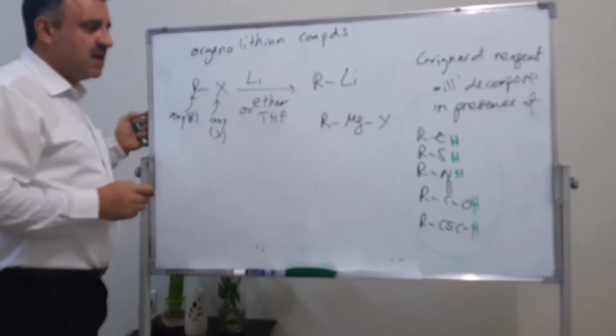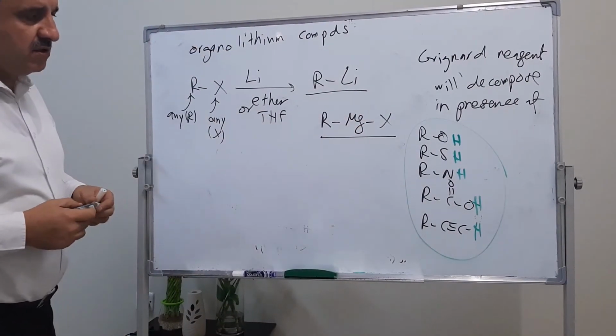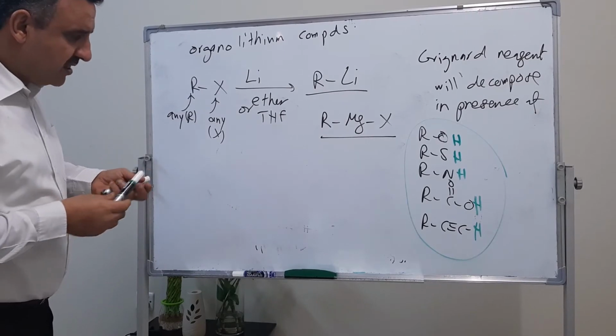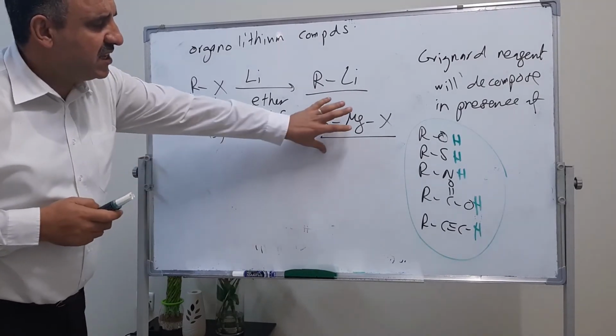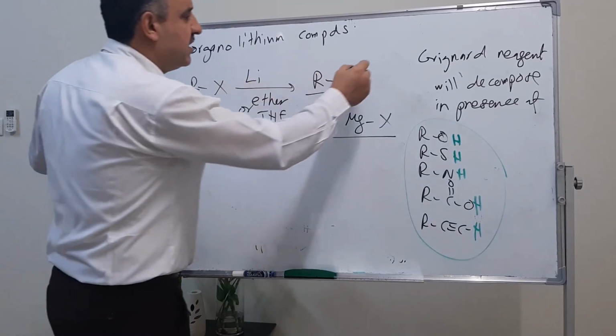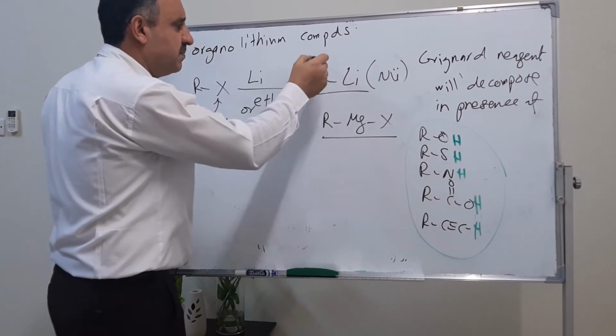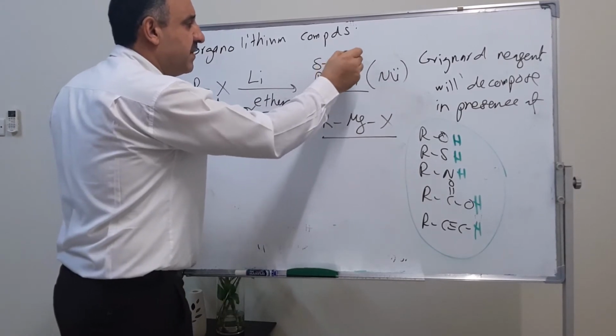So this is the Grignard, and this is the organolithium. You follow me? Now, whatever we said before applies there. In other words, the organolithium is a nucleophile, because the polarization of this bond will be partial negative, partial positive.